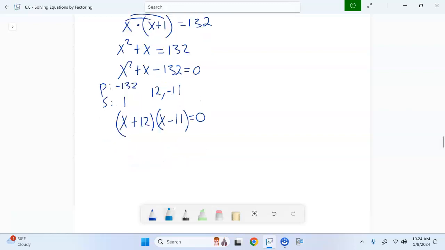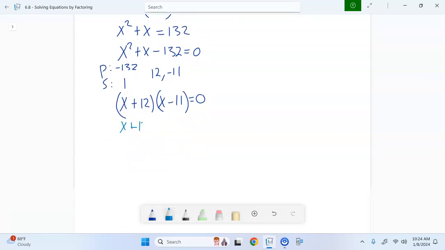Now that it's factored, our zero factor property gives us two possible answers.